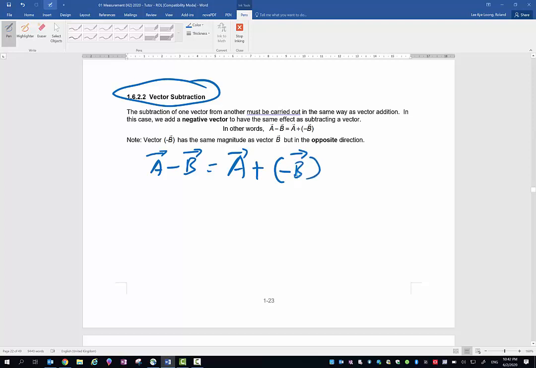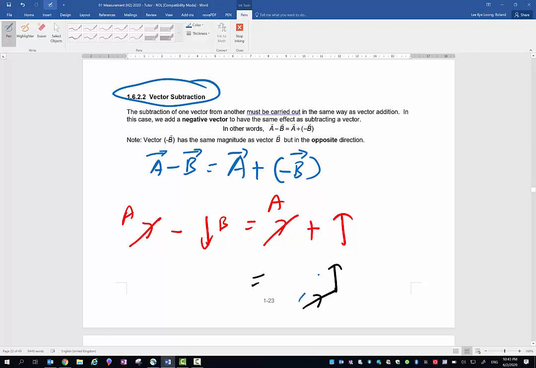So for example, a minus b is equal to a plus b upwards, and in this case the answer will be this plus this equals blue. So vectors you can only add. If they ask you to subtract, you just change the direction of what you want to subtract with.